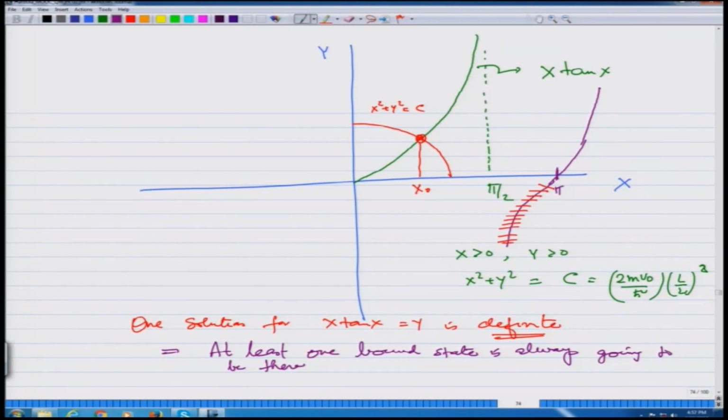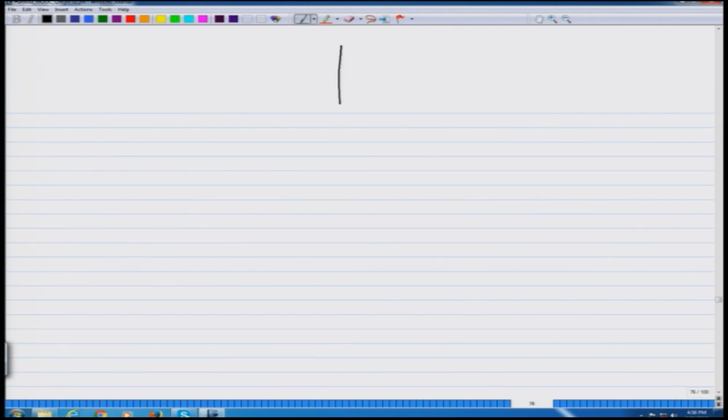If you increase V naught and L by 2 square, I get a bigger and bigger circle. So, if I make V naught times L square by 4 bigger and bigger, I may get the second state, but that is not guaranteed. For that, your V naught has to be larger, L can be larger, or a combination V naught L square has to be larger and larger. So, what we conclude when I look at this solution, this is the first one, the other one starts from pi, and if I look at y as a function of x, this solution is guaranteed.